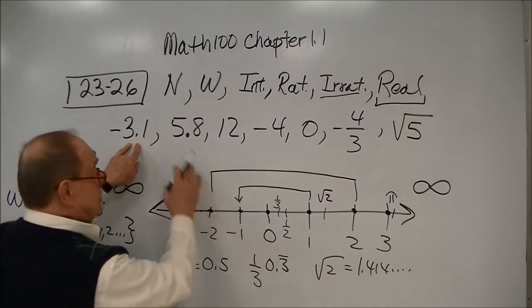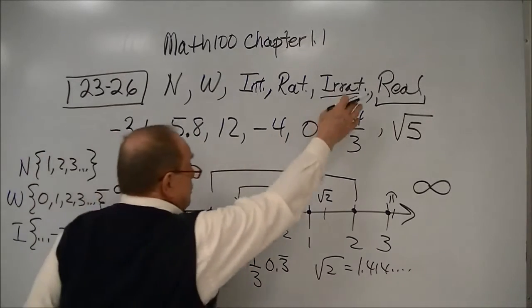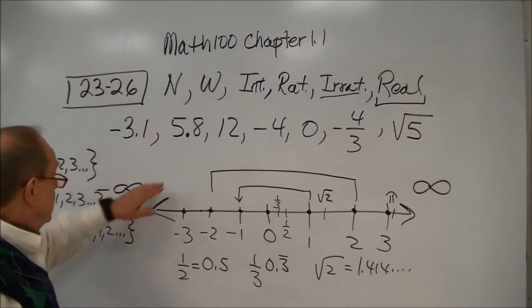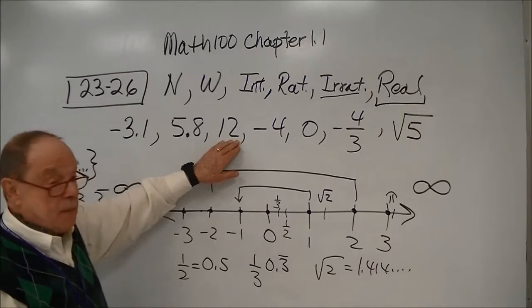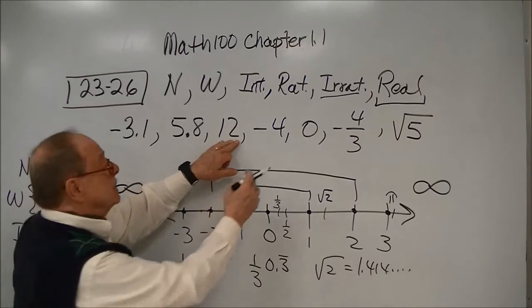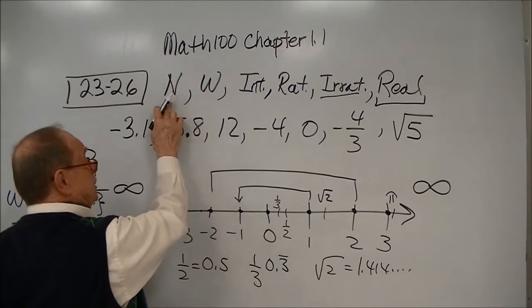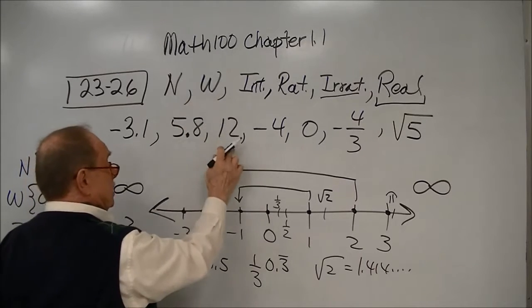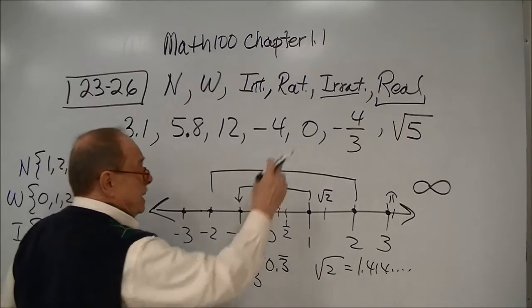It's on the number line, but not one of these others. And all of these numbers are real numbers. That's the same for this one. But this one happens to be all of them except irrational. This is a counting number or a natural number, a whole number, an integer. It's also rational, and it's a real.